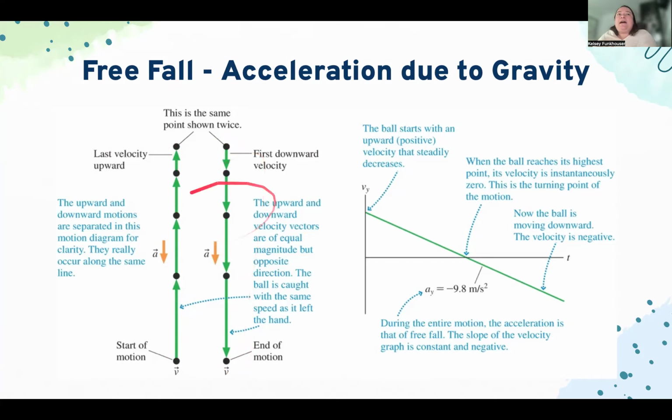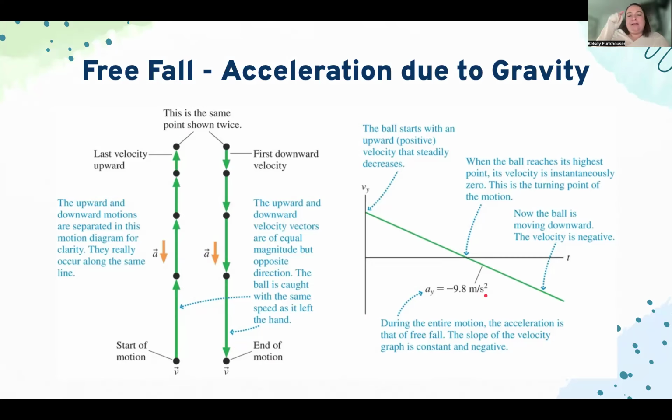We can also see the value of the free fall acceleration in a velocity versus time graph, the whole of free fall motion. The slope is going to be negative the entire time, and the value is actually negative 9.8 meters per second squared. And that is what we use as the free fall acceleration due to gravity.